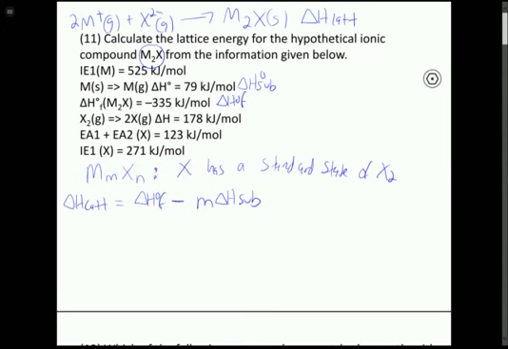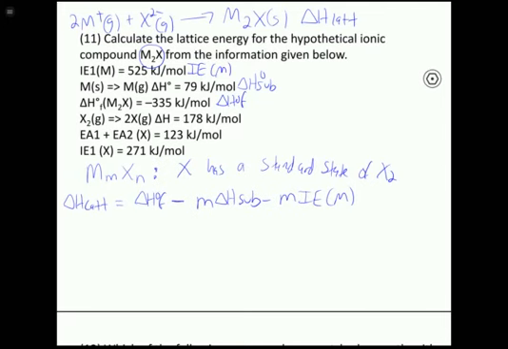It's that term there. We're going to subtract m times the ionization energy of the metal. If our metal is +1, it's just going to be 1 ionization energy. If our metal is +2, it's going to be a combination of the first 2 ionization energies, but either way we just put those in and multiply them by the subscript for the metal, however many moles of that metal there are in the formula.